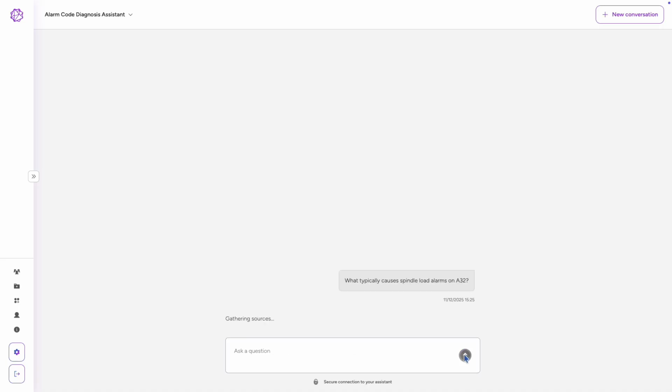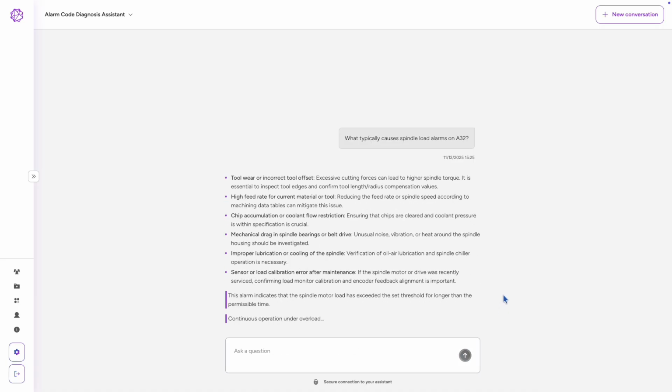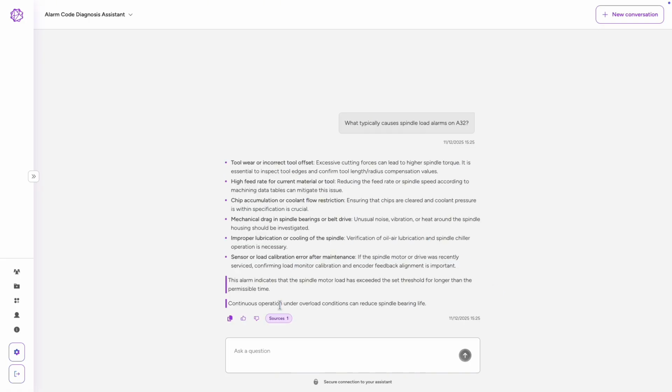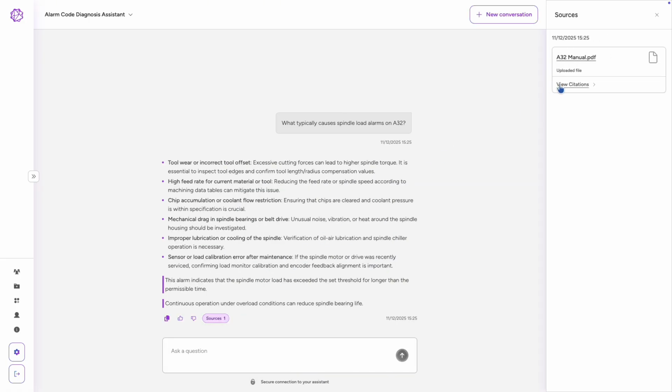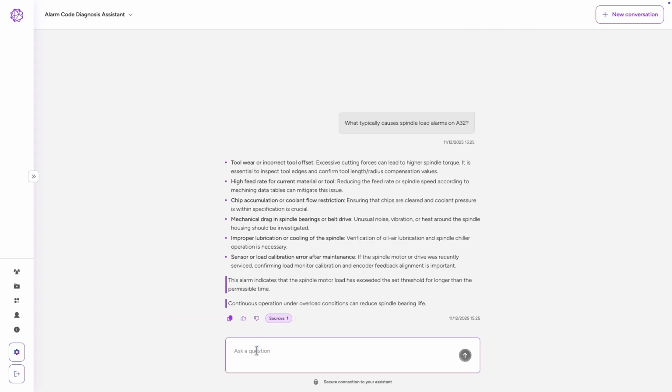Instantly, the Assistant returns a clear explanation, grounded in the exact documentation our maintenance team uses. It highlights likely causes, recommends inspection steps, related past incidents, and even references the sections in the manual where that information came from. This not only shortens diagnosis time, it also makes conversations with maintenance far more productive because everyone is working from verified shared knowledge.